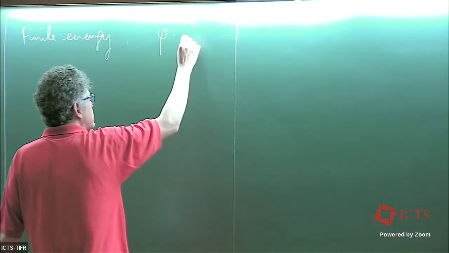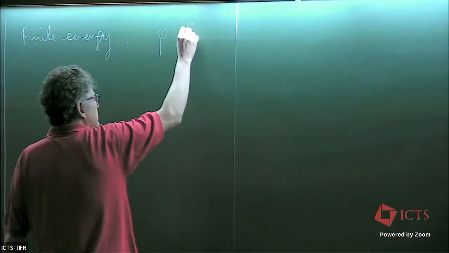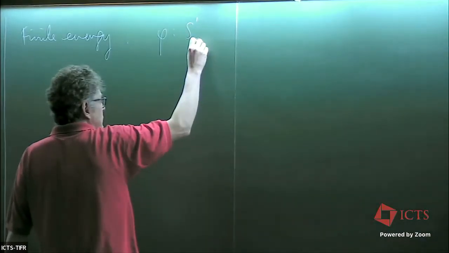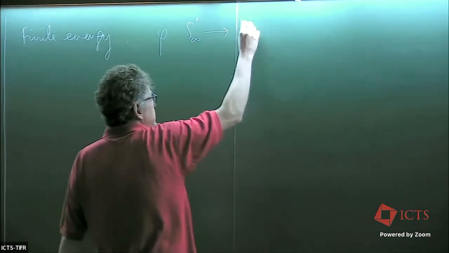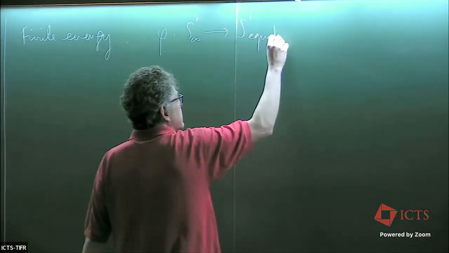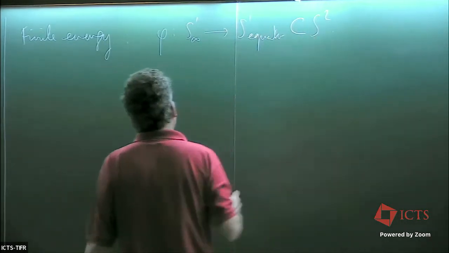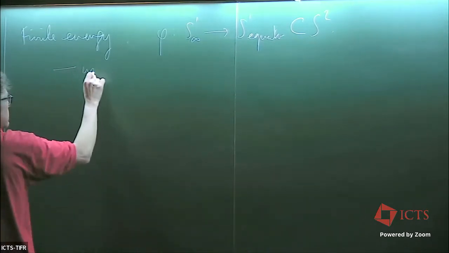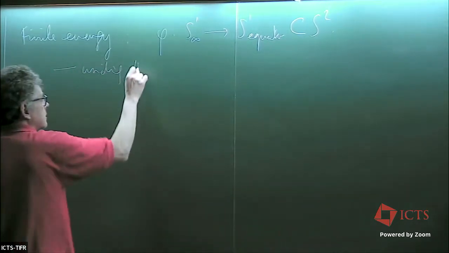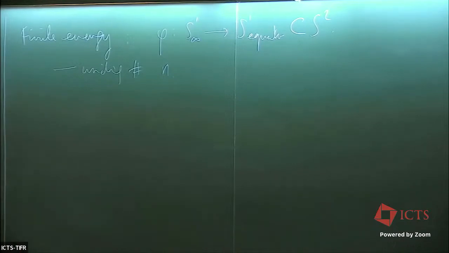So phi has to define a map from the circle at infinity to the equator of S2. Okay, but of course that can have non-trivial winding. Let's call the winding number n.